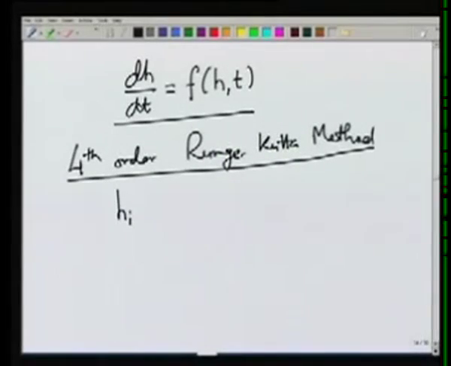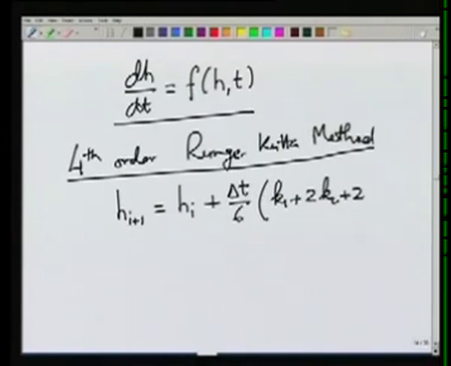The equation which we use in this case is, knowing the values at the ith interval, we can write the values at the I plus first interval as a weighted mean of some dH by dt values, which are denoted by k, multiplied by delta t, and adding to the h at the previous time step.